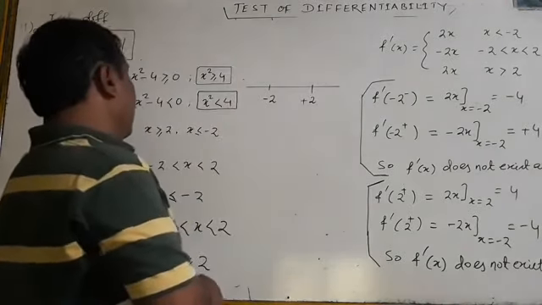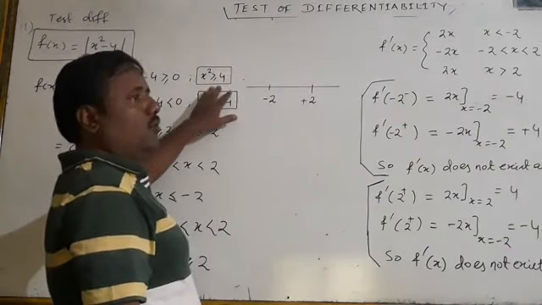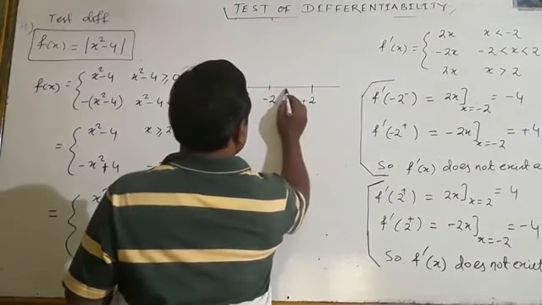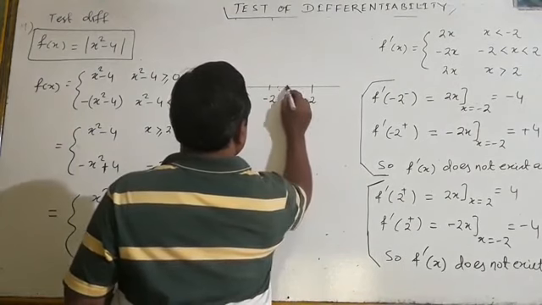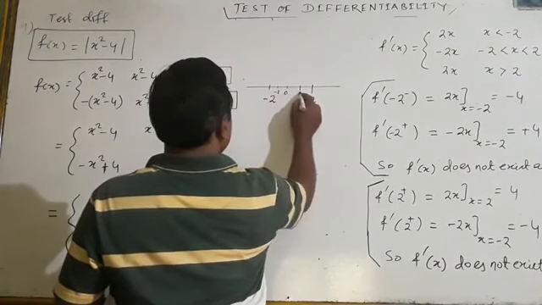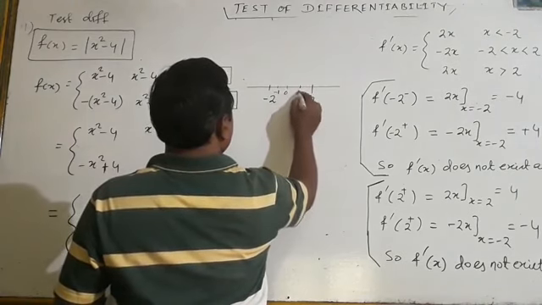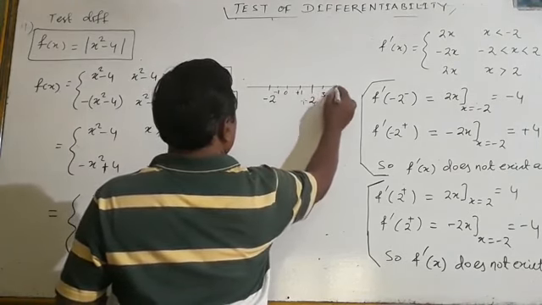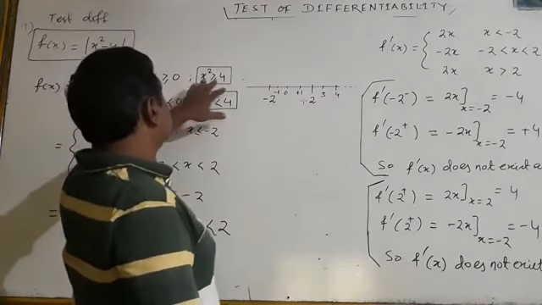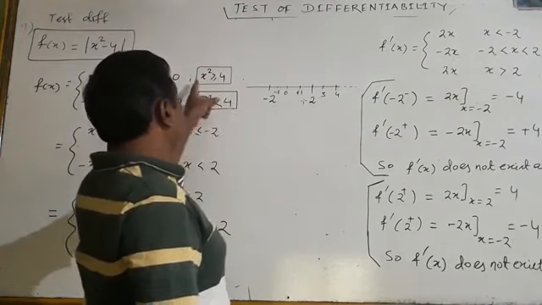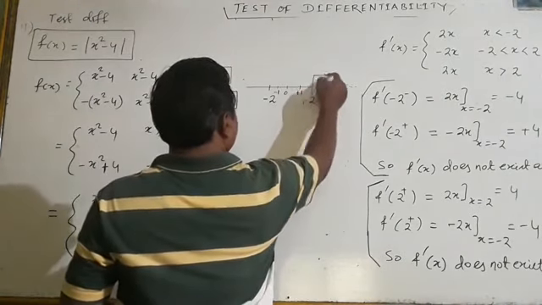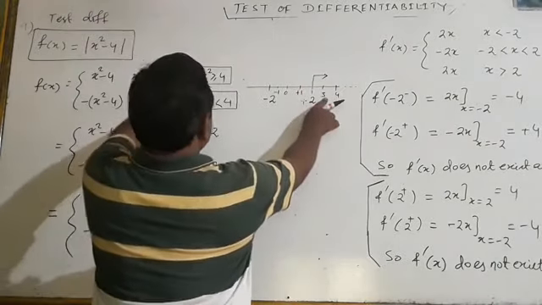Now tell me, when x² is greater than or equal to 4, I take values like −1, 0, 1, then 3, 4, 5, so many values. When I go to the right of 2, I put 3², 4², 5² = 25, all greater than 4.